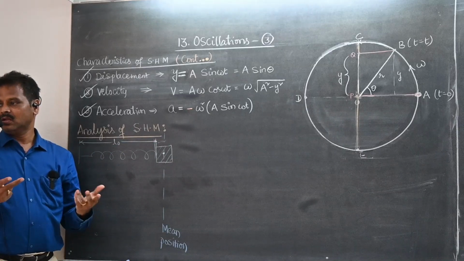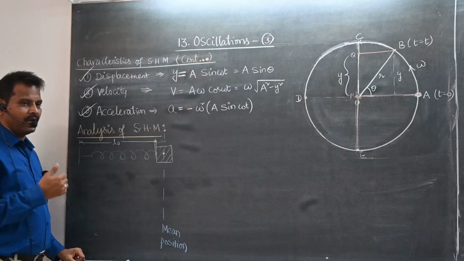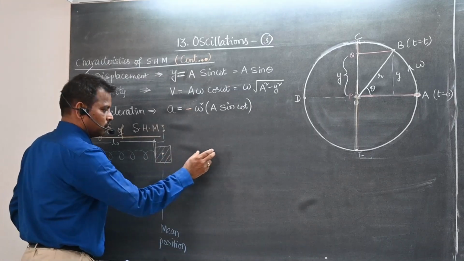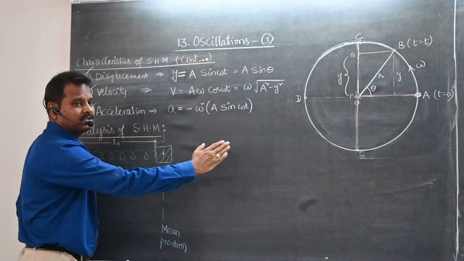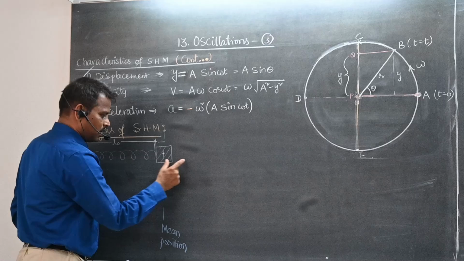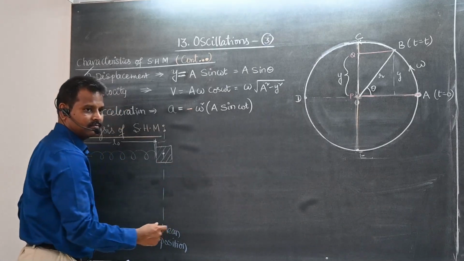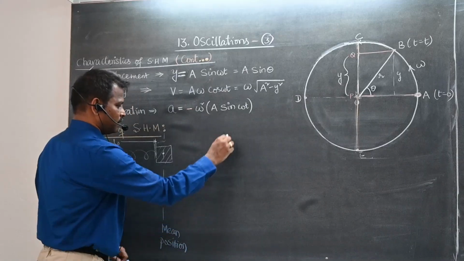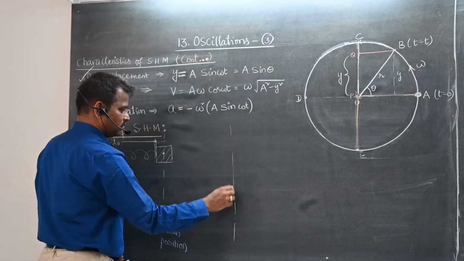Neither extended nor compressed. So first, I am moving this block towards the right side by some distance. I can move it from here to here, but only up to a maximum displacement.